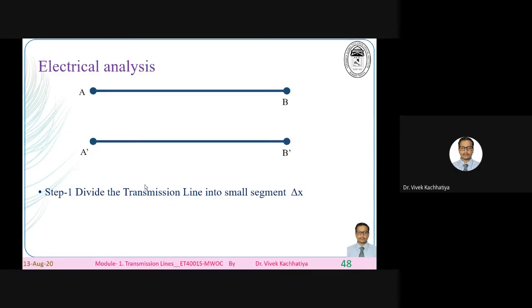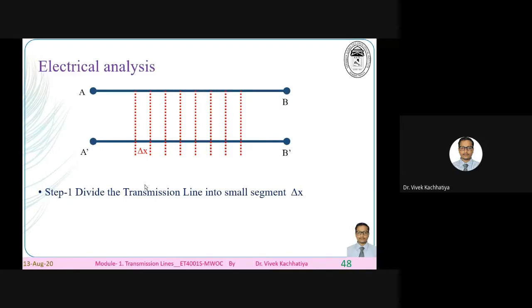transmission line into small segments, and each segment is labeled as delta x. Again, we understood that as my frequency increases, my wavelength decreases, and after some hundreds of gigahertz, the transit time effect will again come into the picture.